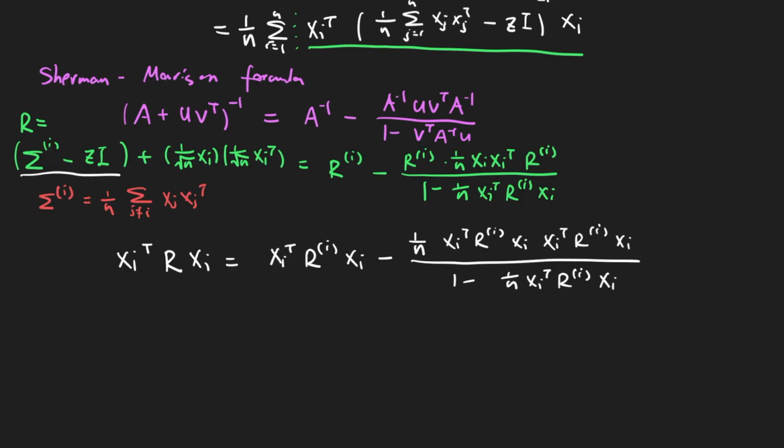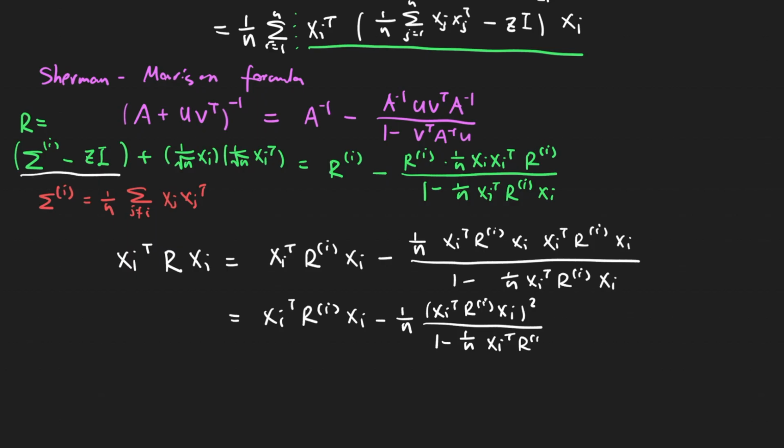Okay, so that equals, we can simplify this a little bit. Xi transpose Ri xi minus 1 over n times (xi transpose Ri xi) squared, over 1 minus 1 over n times xi transpose Ri xi.